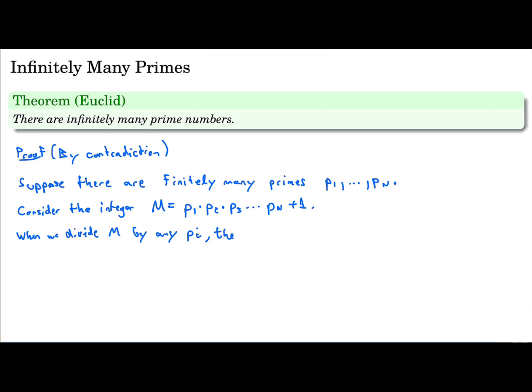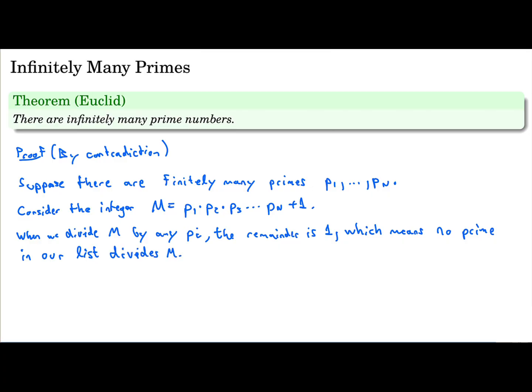The remainder is 1, which means that no prime in our list divides M, right?